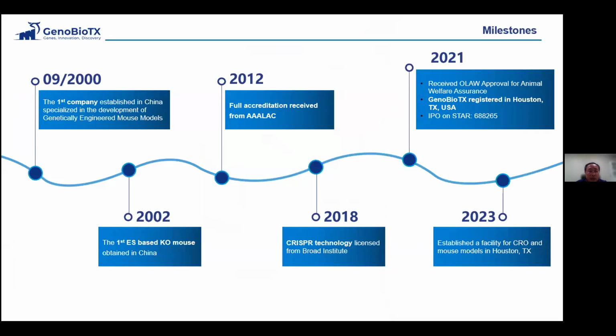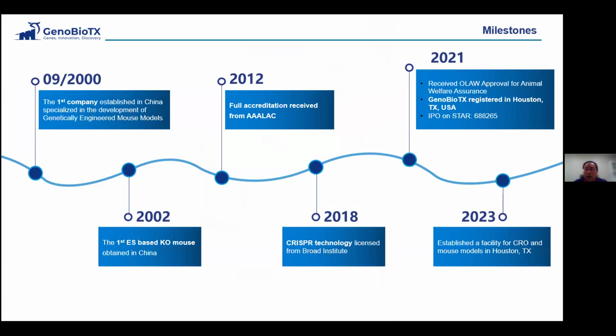And here's the history of the company. It's the first company established in China specialized in the development of genetically engineered mouse models, in September 2000. And our company went public in 2021. Also, our US company called Genobiotx was registered in Houston, Texas in 2021.